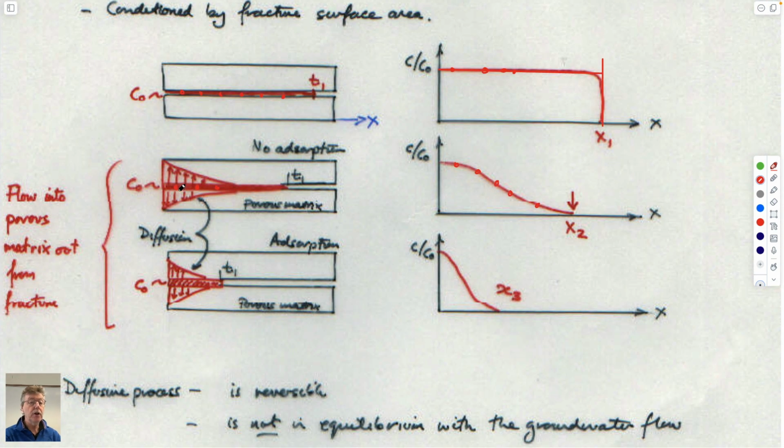You're getting diffusion and loss of mass into the porous medium, but it looks for all intents and purposes like this. If in addition to this you get diffusion into the pore space, and then on the solid grains of that pore space some of this solute attaches itself and sorbs, then that's also removing it from the flow and allowing more diffusion in the pore space, because you're reducing the concentration, and therefore you'd expect along this component to get an even more noticeable delay in the plume as it goes downstream.